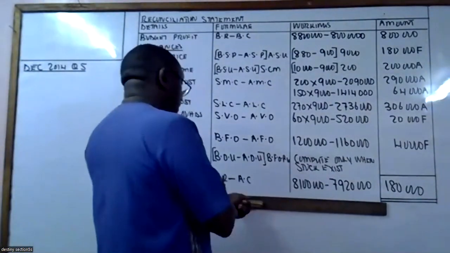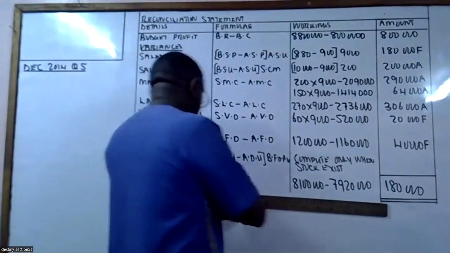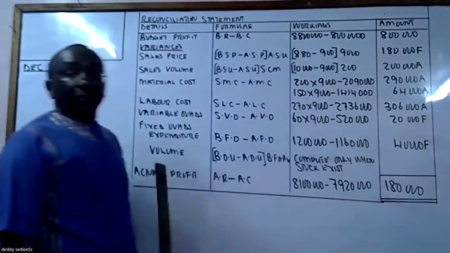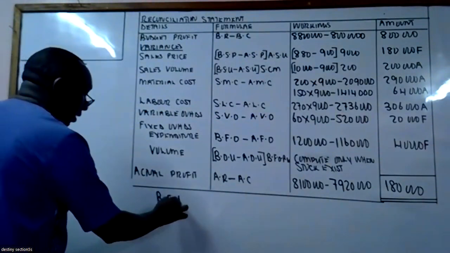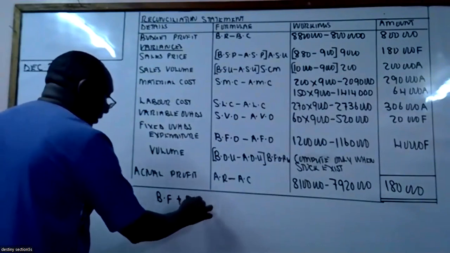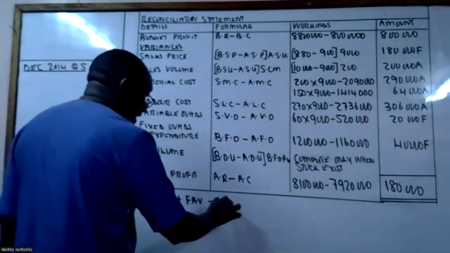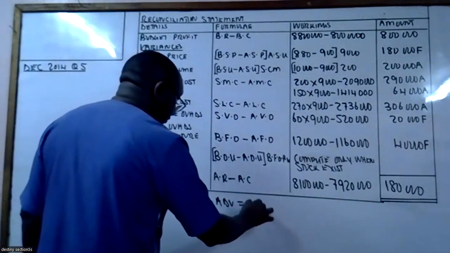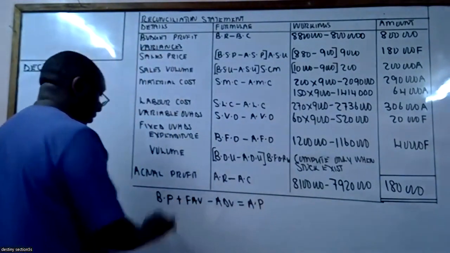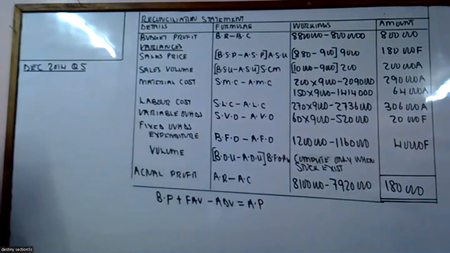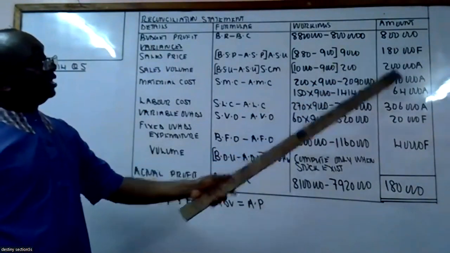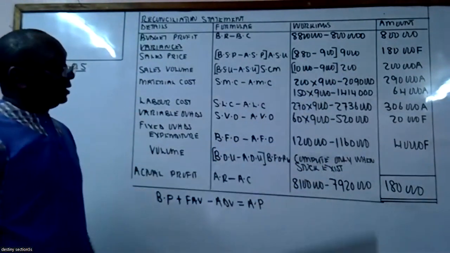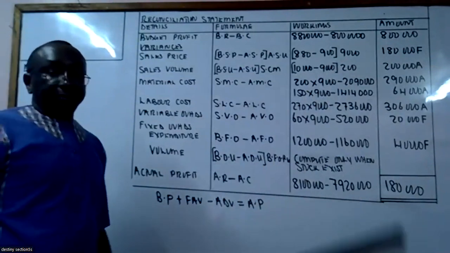So in this reconciliation statement, what you do, you get the budget profit, you add the favorable variances, you less the adverse variances to get the actual profit. So take a calculator and start here. You add the favorables, you less the adverses, check whether they bring you here.